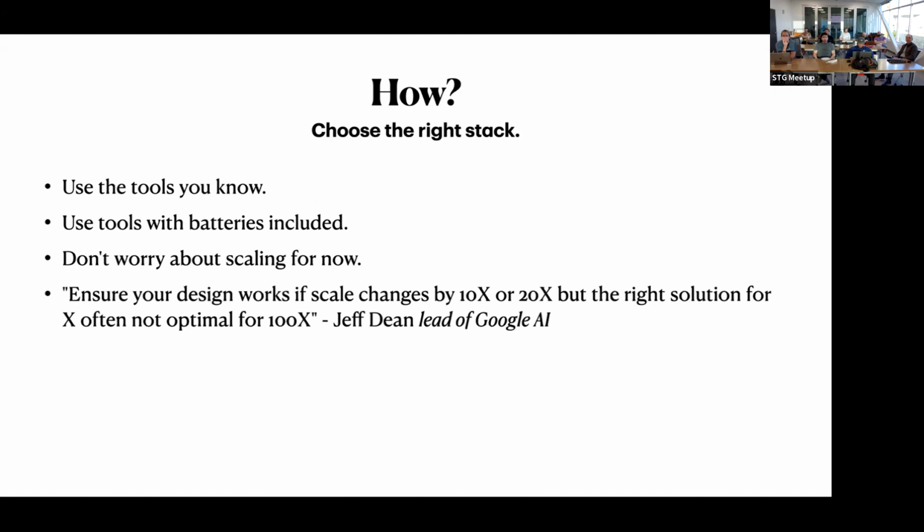I have a quote from Jeff Dean that I heard in a distributed systems class that I thought was pretty good. Ensure your design works if scale changes by 10 or 20 times, but the right solution for X often is not optimal for 100 times.